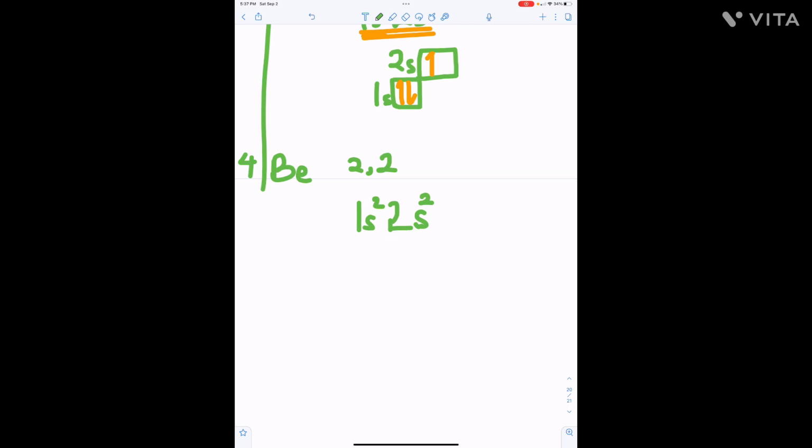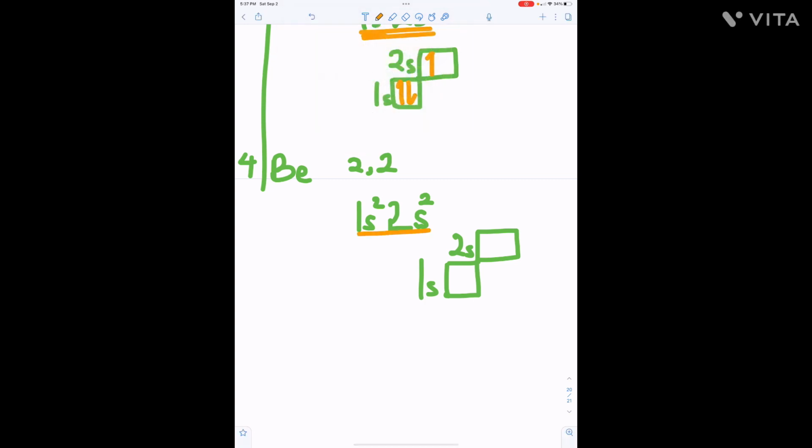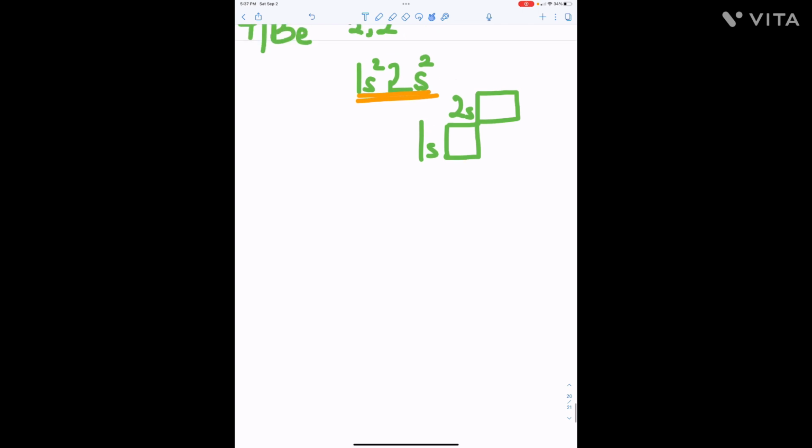The 2s subshell too is an s subshell which has just 1 orbital. So it will just have 1 box, and that box will only take 2 electrons. So the quantum electron configuration of beryllium is 1s2, 2s2.